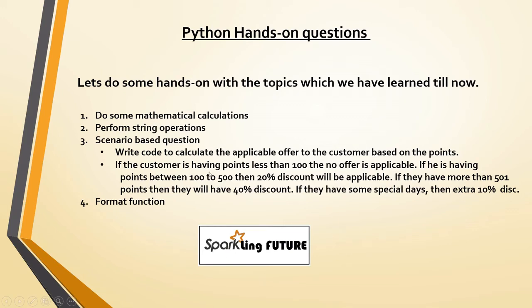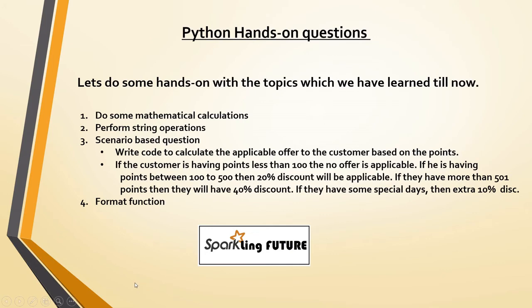If the customer has points less than 100, then no offer is applicable. If they have points between 100 and 500, then 20% will be applicable. If they have more than 501 points, then they will have a 40% discount. And if they have some special day like a birthday or an anniversary, then an extra 10% discount will be there.